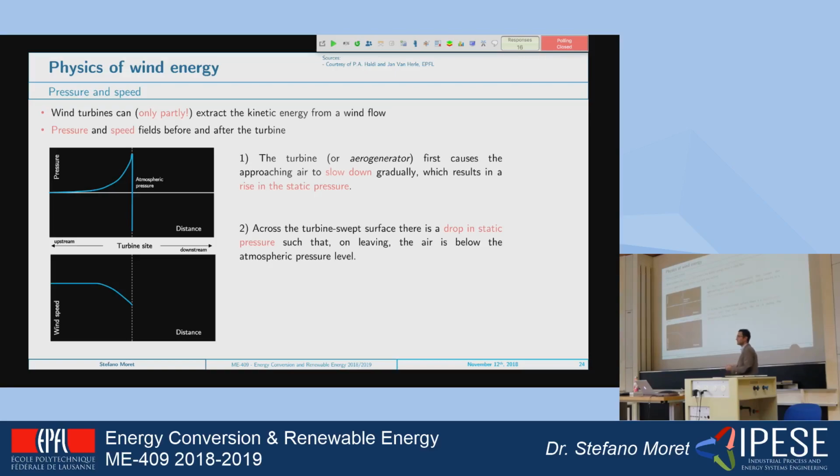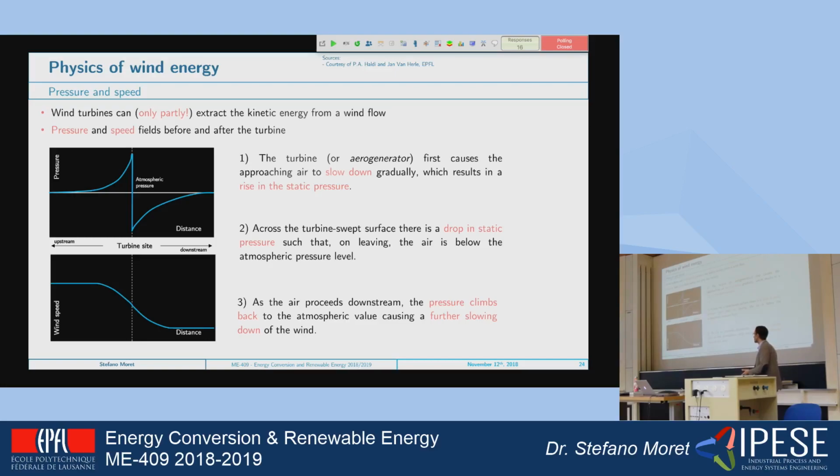At the moment in which we have the effect of passing through the turbine causes, of course, a drop in pressure because mechanical power is transferred as mechanical work to the turbine. After that, we have still a decrease in wind speed and a re-increase of pressure because again we can reapply the Bernoulli principle after the turbine.